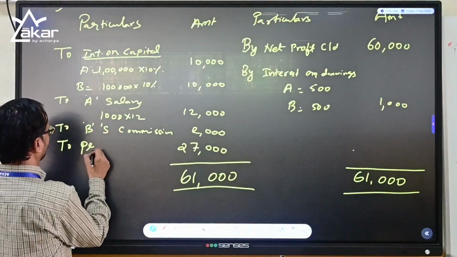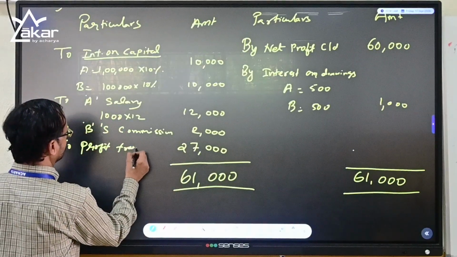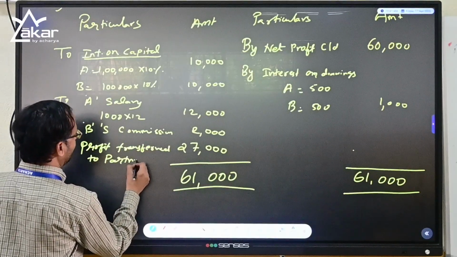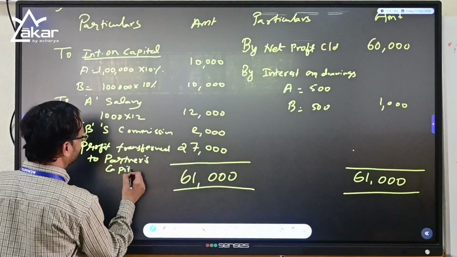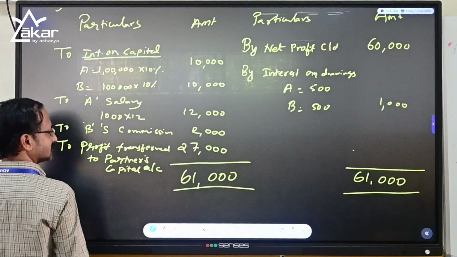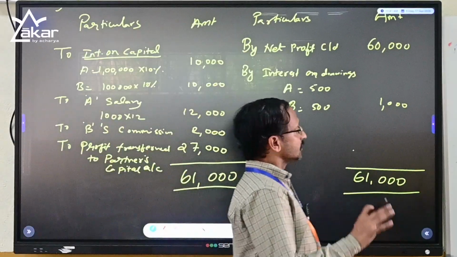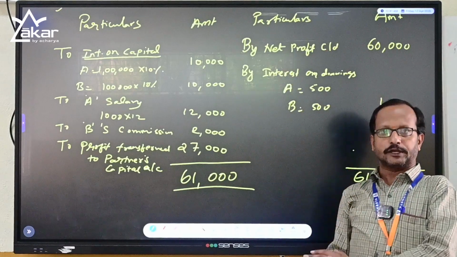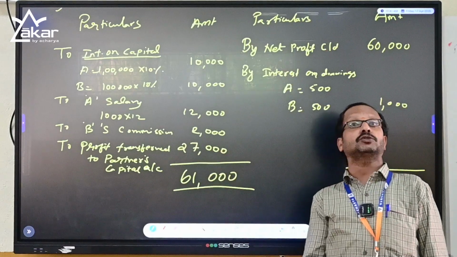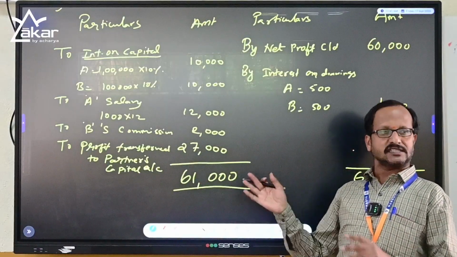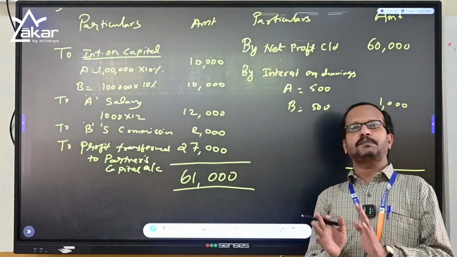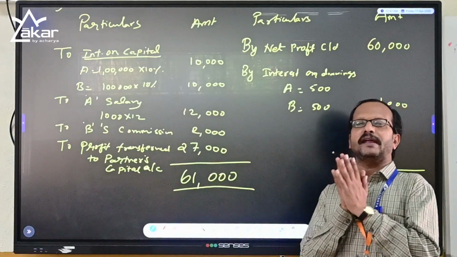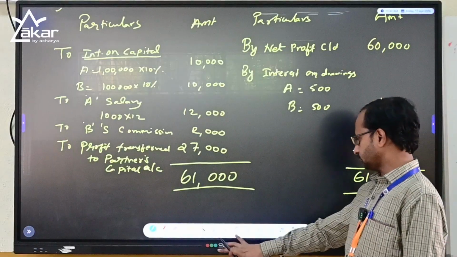We can call it profit transferred to, it is not going to balance, it is going to the partners' capital account. So this 27,000 accumulated: the profit as per net profit is 60, from which the partners' expenses and incomes are concluded. The actual profit going to the next step is 27,000, and this 27,000 will be distributed to A and B as per the profit sharing ratio, equal ratio or capital ratio, whatever is mentioned in the agreement.